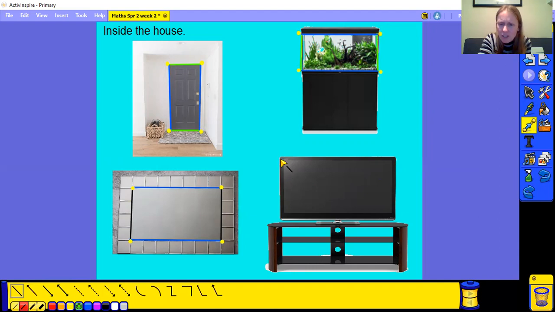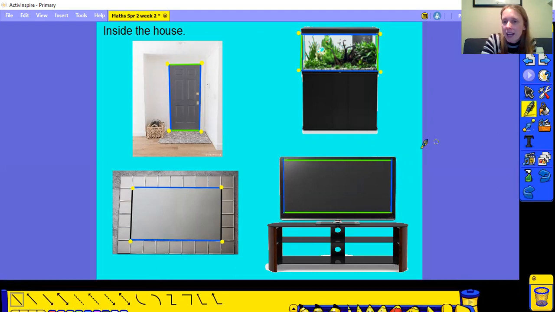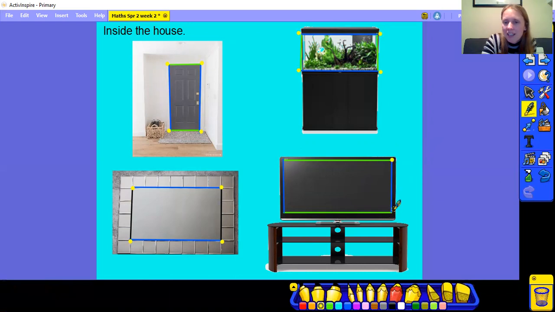Oh, I'm not going to use the outside of the television because it has curved corners. So it's not quite a rectangle, but I can use the inside. It has 1, 2 long sides, and it has 1, 2 short sides, and it also has 1, 2, 3, 4 corners.